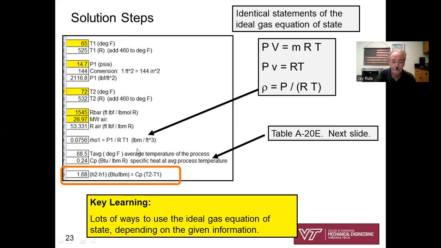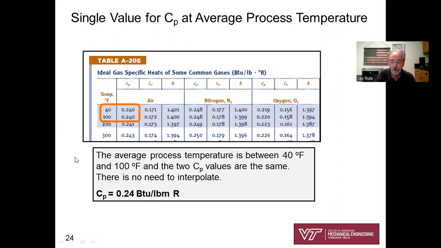Got it. Let's go and see where we got 0.24 from. Our starting temperature 65, ending temperature 72. Now we're at table A20E, specific heats for gases. We've got air. I've got temperatures tabulated, 40 and 100.